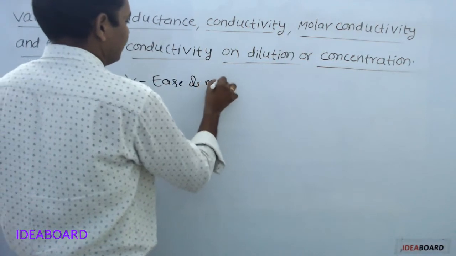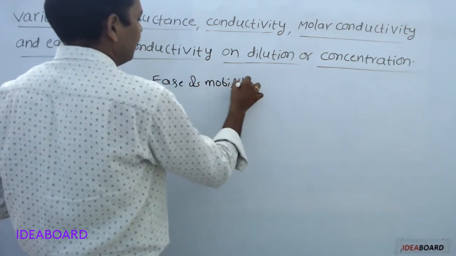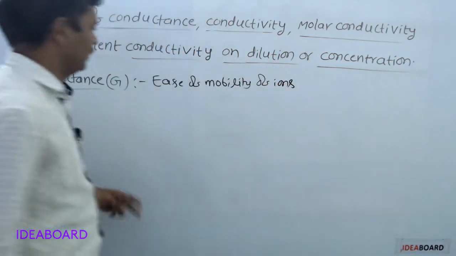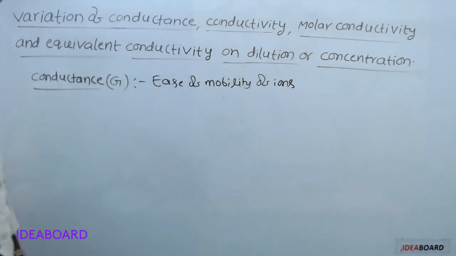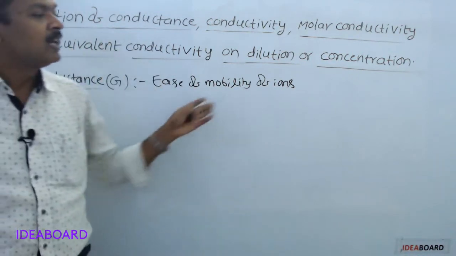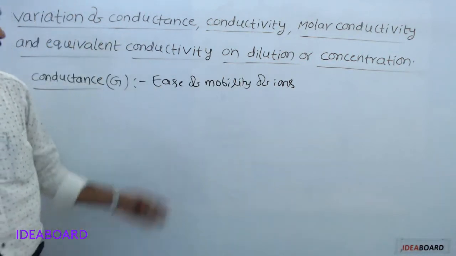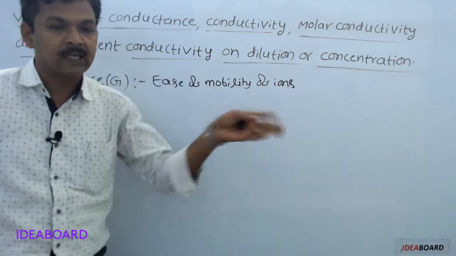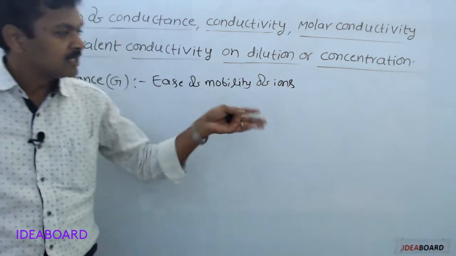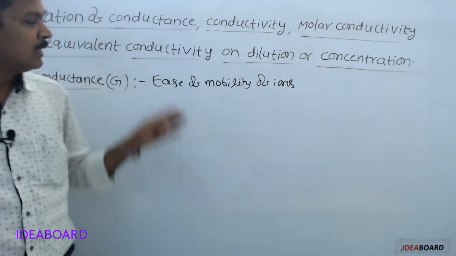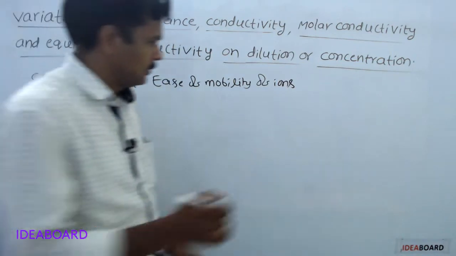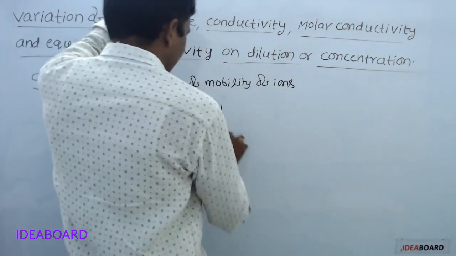On dilution, the ease of mobility of ions increases because the distance between the ions increases. Then attraction forces between the ions decrease, then mobility of ions increases. Therefore, conductance increases.